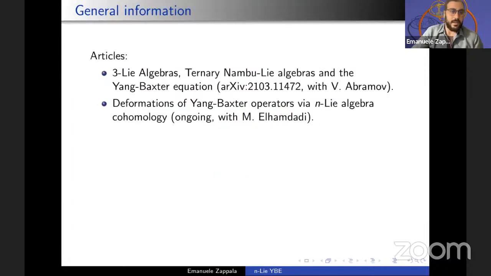So this presentation is based on 2 articles, one of which has already appeared on arXiv and is submitted, while another one is still ongoing, but it should appear hopefully by the end of summer or at the beginning of the fall semester.